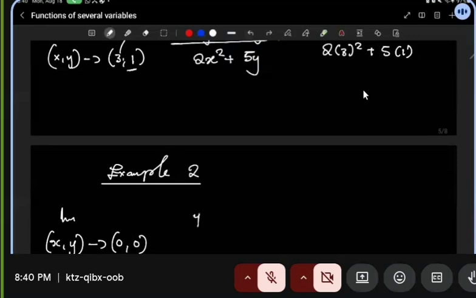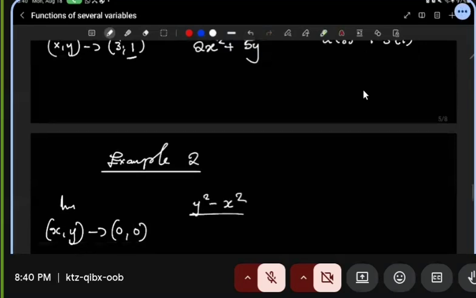Okay, so let's go with y squared minus x squared over, and then we can go with, let's say, root of y minus root of x.